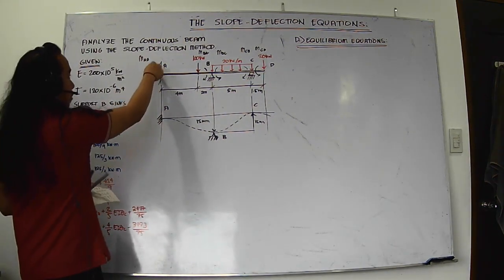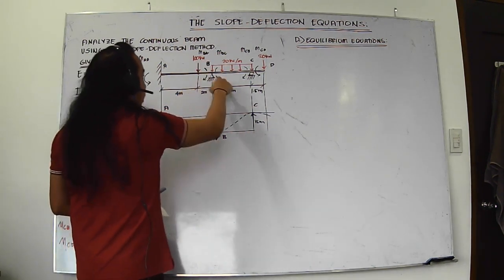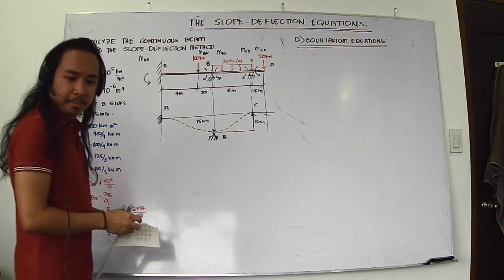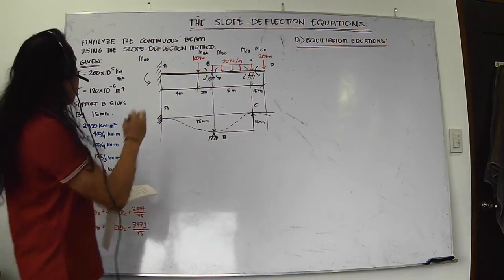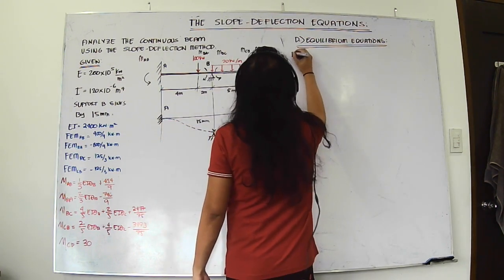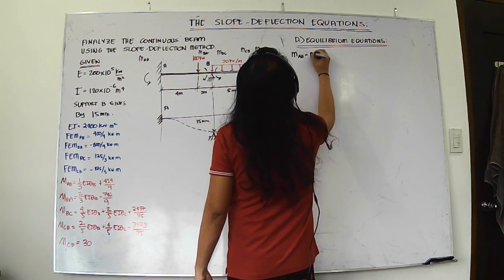Keep in mind which is which. After that, we can just say MAB is equal to MA.